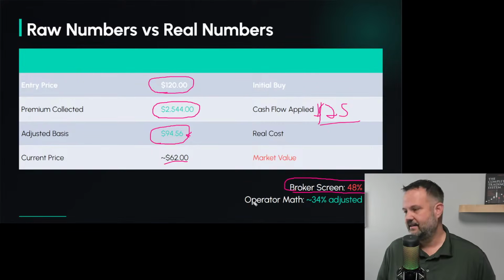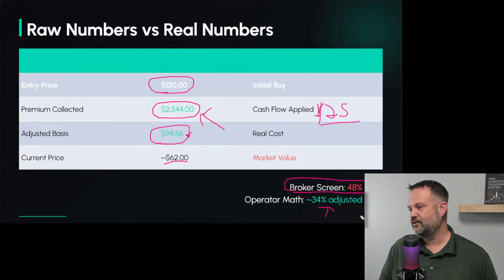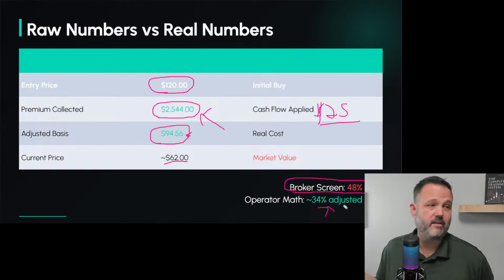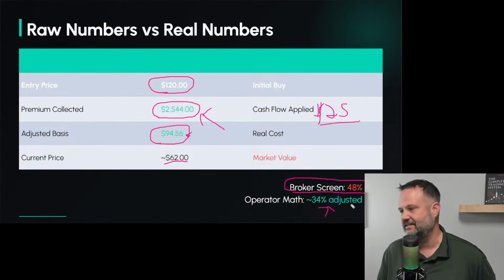Now, if we're down 48%, once we add the cash flow in, we're actually only down 34%. Still not beautiful, but not quite as ugly, right? Because when you look at the broker screen showing negative, it can be a little scary to see.